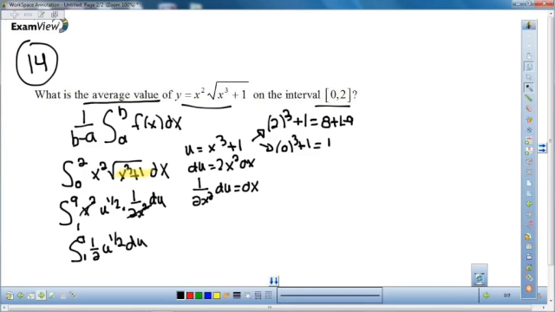So the antiderivative of u to the 1/2. The 1/2 comes down because it's a constant. So I'm going to add 1, and multiply by the reciprocal. And I'm going from 1 to 9. So I'm going to have 1/3, 9 to the 3/2, minus 1 to the 3/2.